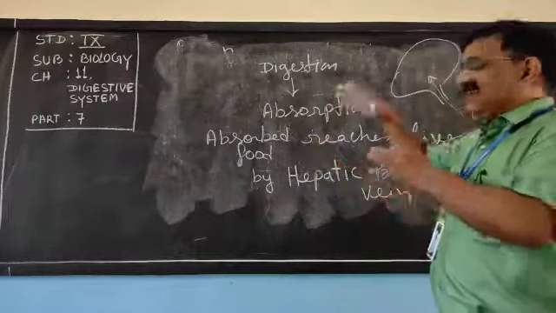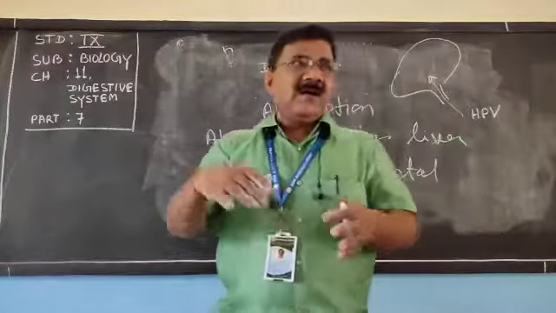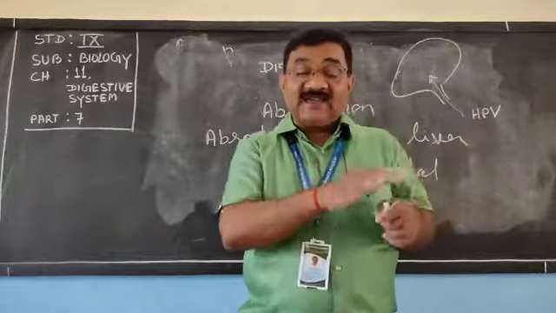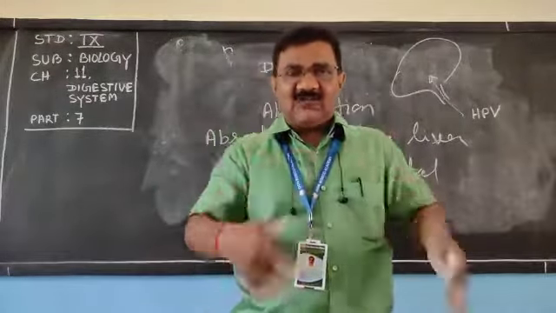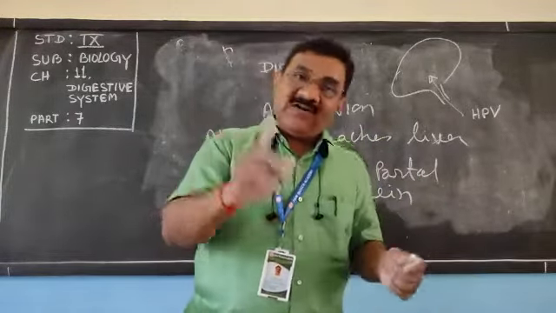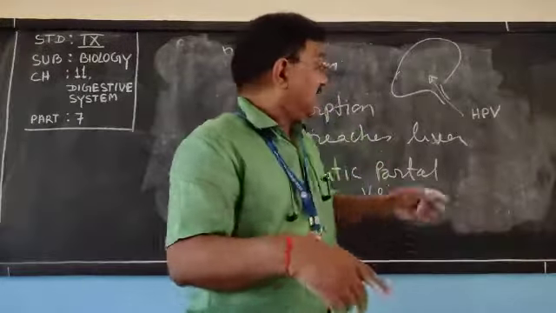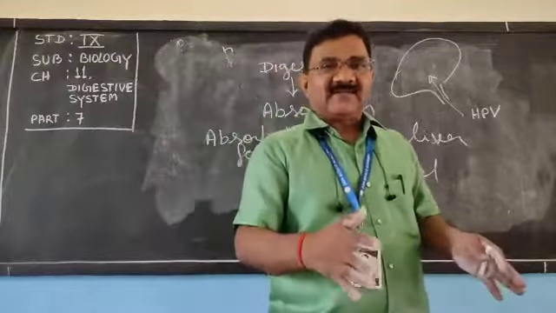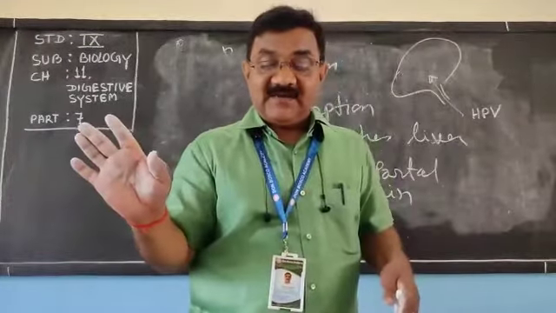So some part reaches the blood and some part reaches the lymph. Blood flows in blood vessels and lymph flows in lymph vessels. Very clear? And fatty acids and glycerol go to the lymph vessel.